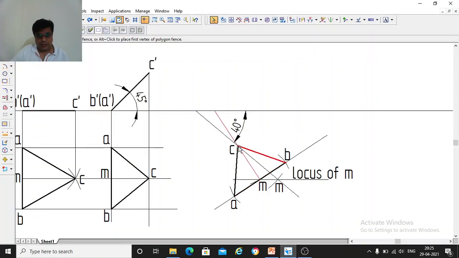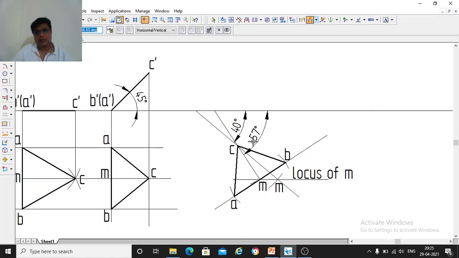So this CM, you extend it and you measure this angle, how much it is, you take that angle, you can write it here. So this CM is making an angle of 57 degrees with the vertical plane.